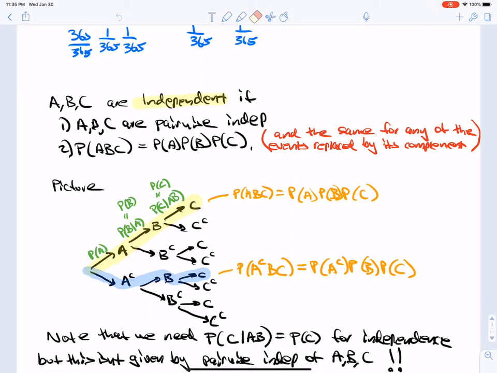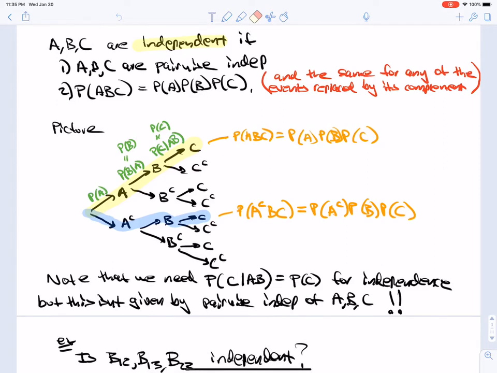That's also true here. And I drew out a tree for you just to show you what it means to have probability A, B, C be equal to probability A, probability B, probability C. You can see, just if you look at the top branch here, that to have the multiplication rule, we're going to need probability of C conditioned on A and B being true equal to the probability of C. And notice that that does not follow from pairwise independence.